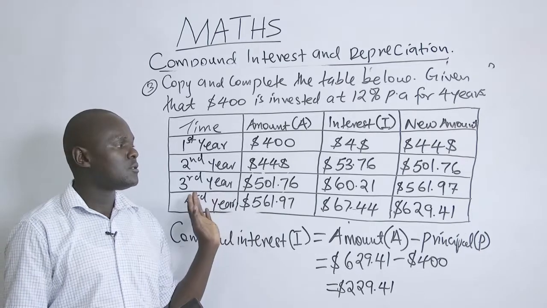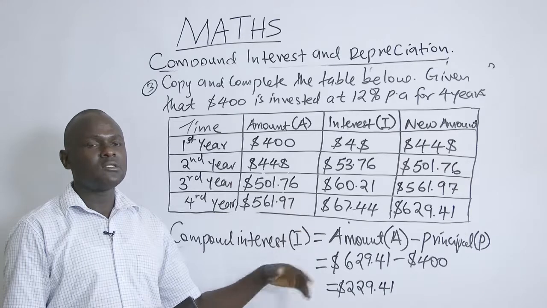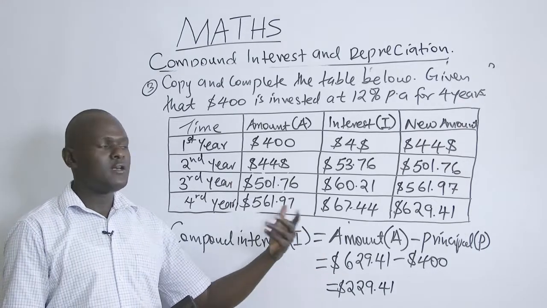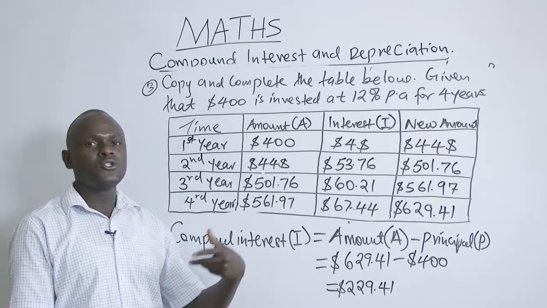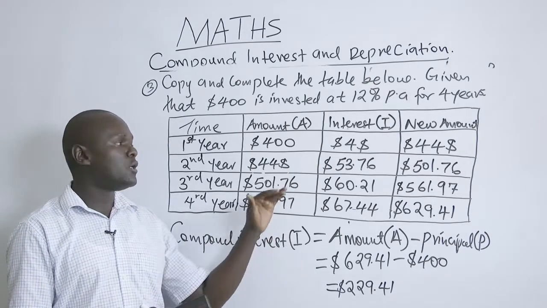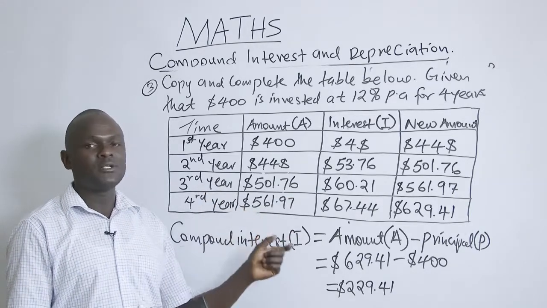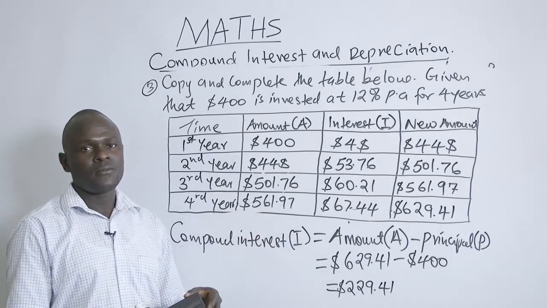It is not a one-step process. It is a continuous process, and every step will lead to the next one. So you need to exercise caution when you are using the simple interest formula to handle compound interest questions.